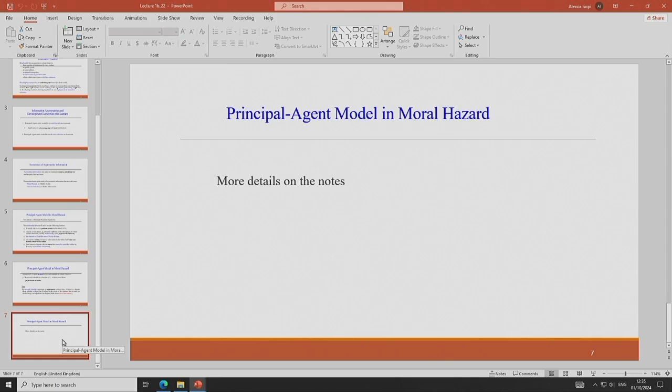The higher is the insurance provided to the agent, the higher is the risk that you will not exert any effort. I'm happy either way. I'm happy with 85. I don't need to work. I'm happy with this. Great. On the other hand, if I provide as a principal too little insurance, it might be that the guy says, oh, actually, this task is too daunting, it requires a huge amount of effort.